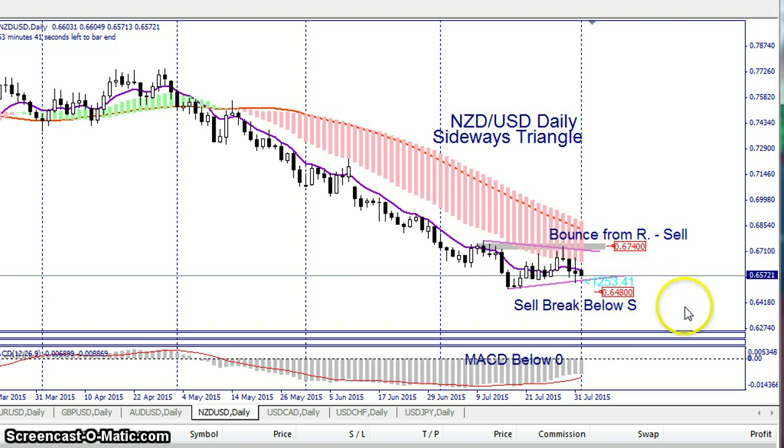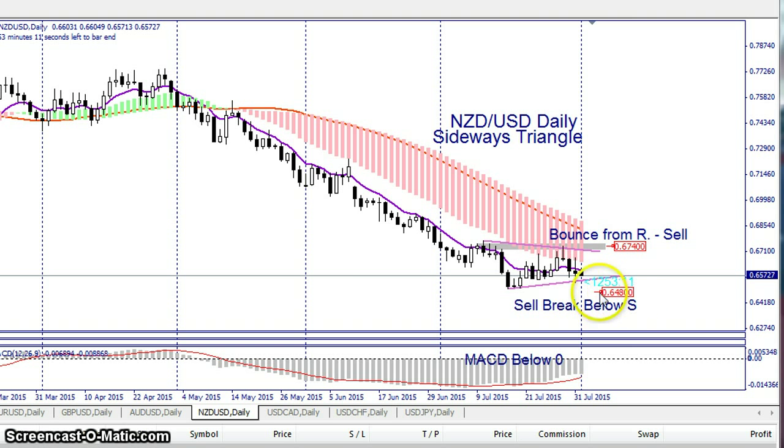And what we want to do ultimately is sell on a break below the support, which is this area right here. And more definitely we want to sell if price breaks below the 64.80. The other thing is, when I talk about waiting for price to break below or above support or resistance, you can place a pending order, but generally a few more pips further than what I indicate.